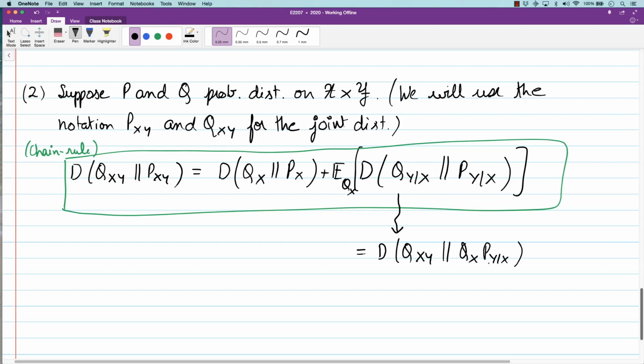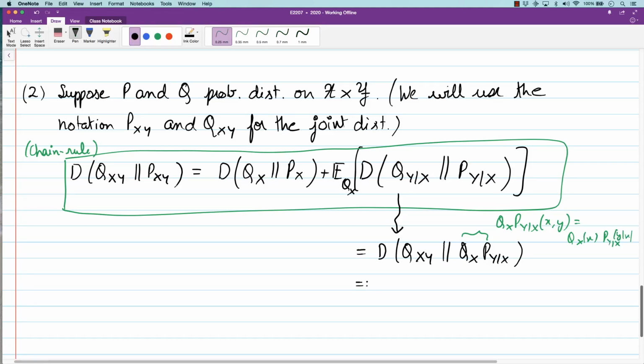That's the distribution of X and Y when X is distributed as Q_X and Y is distributed as P_{Y|X}. So this is Q_X P_{Y|X} of (x,y). The joint PMF is Q_X(x) P_{Y|X}(y|x).